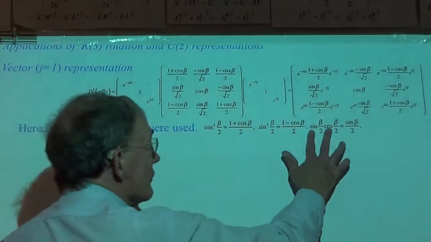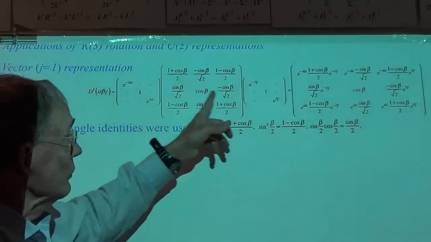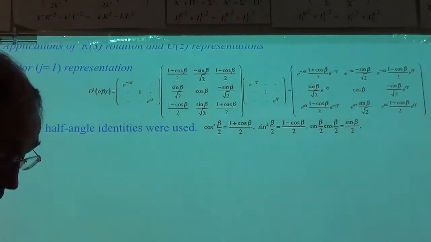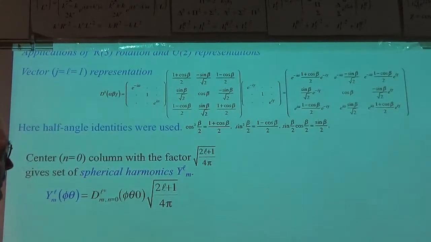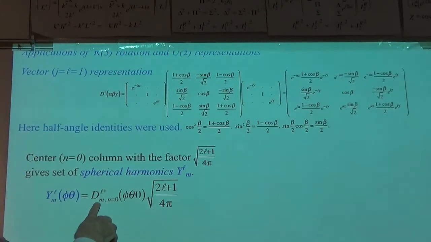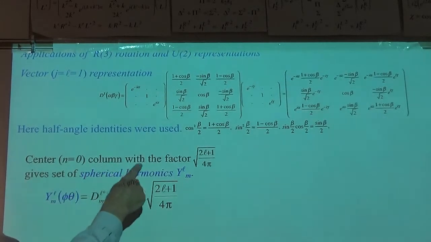And then the products, too, also turn into single angles. So that has been used here in this formulation. And the thing that's really neat about this is it's not just a transformation matrix that you might use not so often, although we're going to use it a lot today. The thing that I would like to show you right away is the center column.